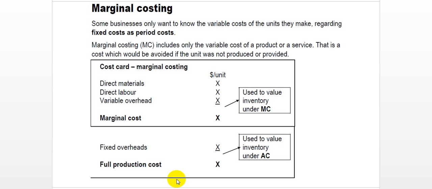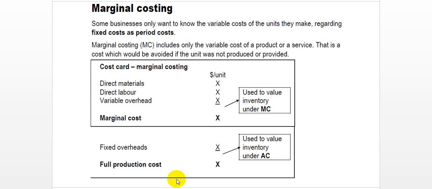The total of this will give us what's known as marginal cost. It's this marginal cost total which will be used to value inventory. Okay?